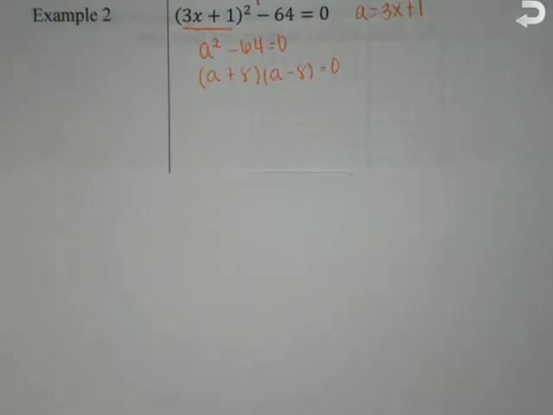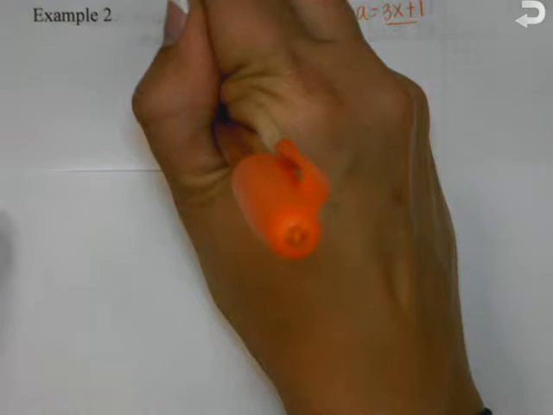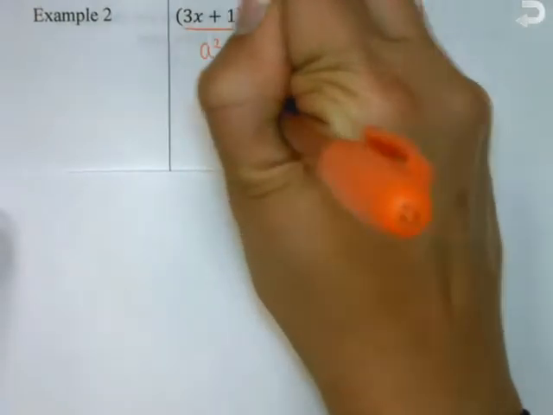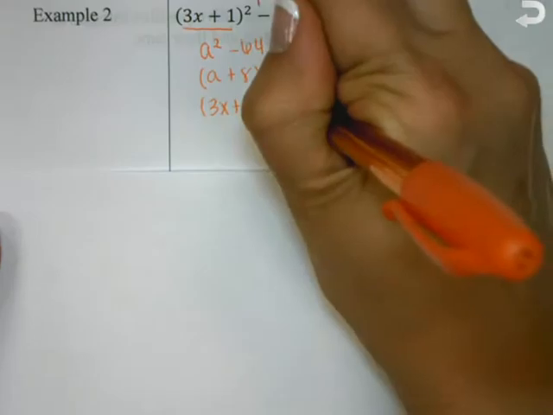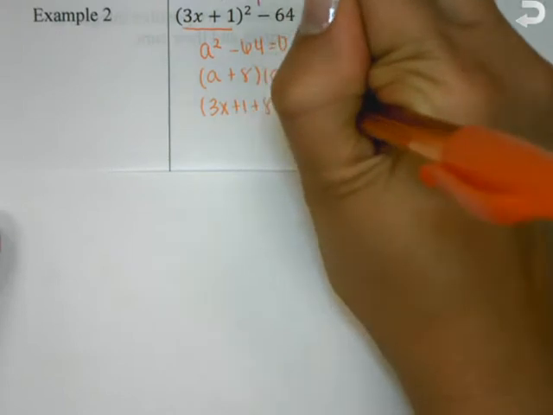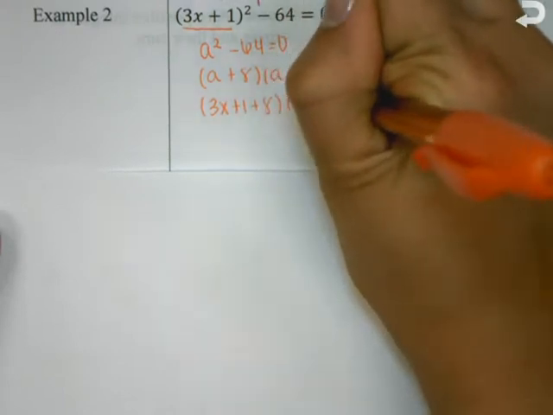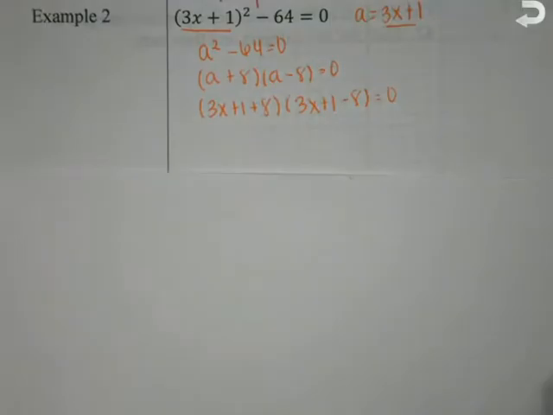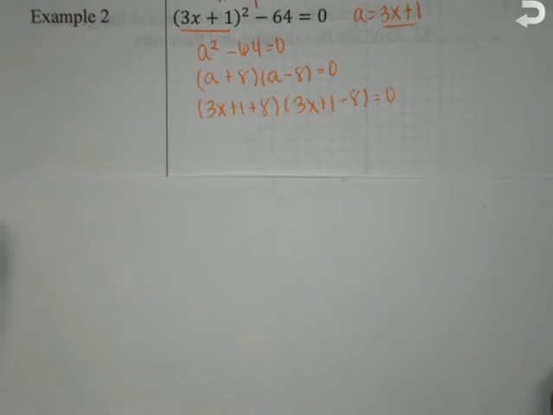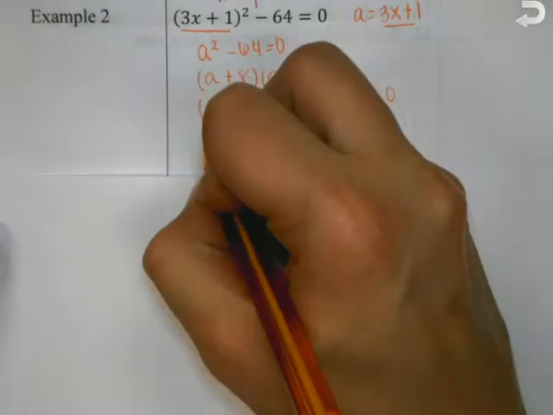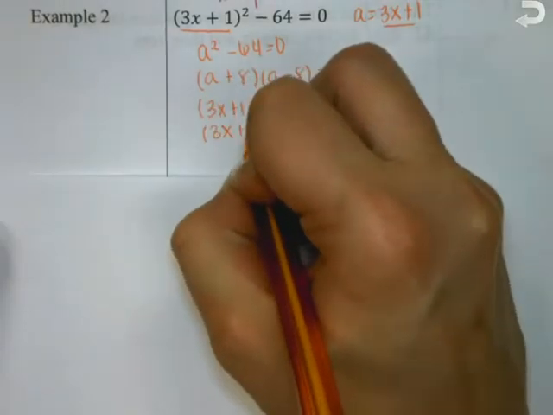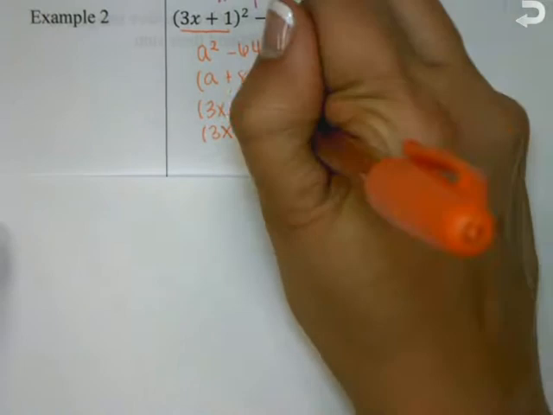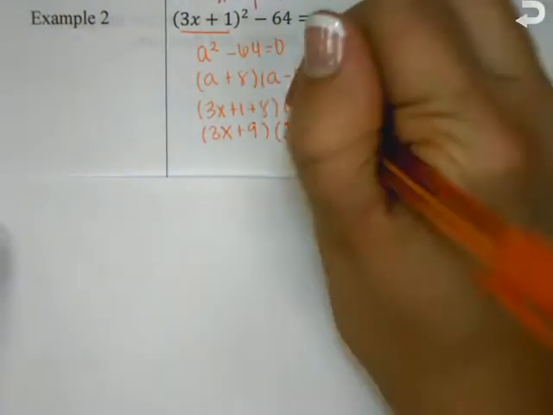Plug 3x plus 1 back in. So that gives me (3x plus 1 plus 8) times (3x plus 1 minus 8) equals 0. Simplify: (3x plus 9) times (3x minus 7) equals 0.